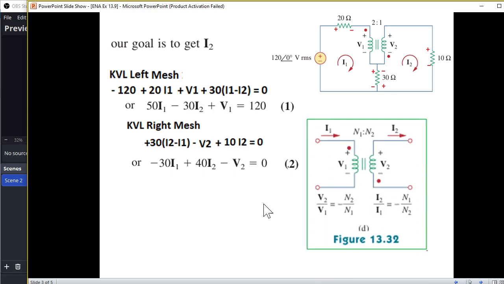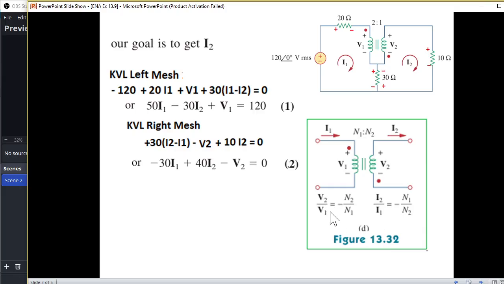Now we need at least two more equations to solve for I2. So we'll use the transformer relation, and in the book there are many options given. I've only selected the one which is related to our figure, the dot at the top and the dot at the bottom on the right hand side. For this, the relation between voltage and current is shown here.